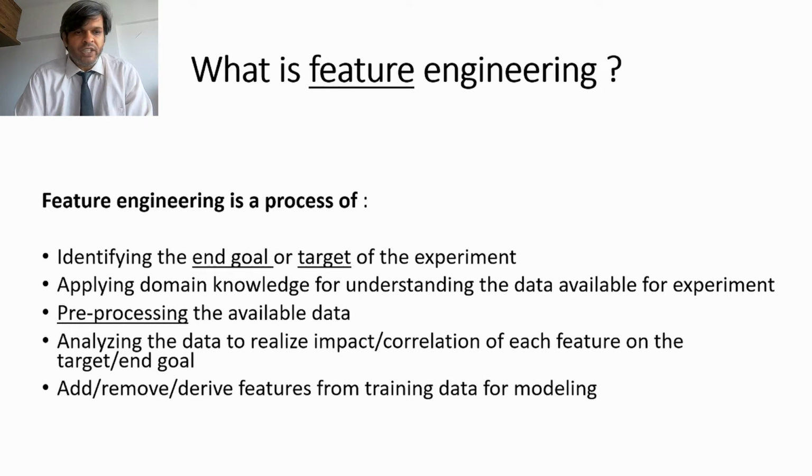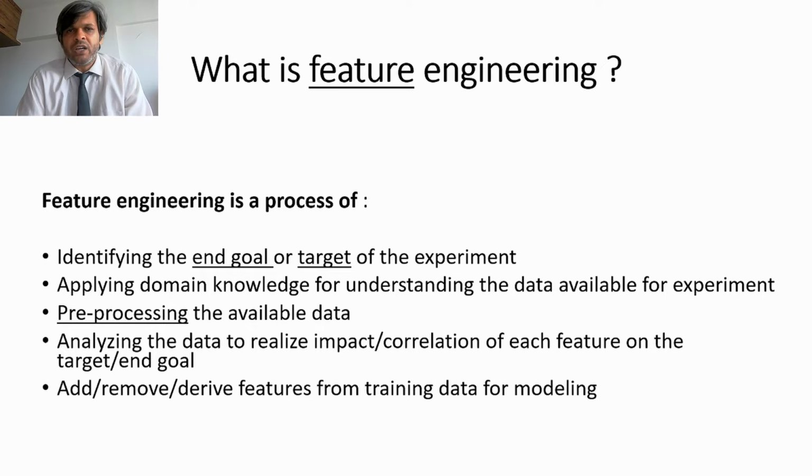We do that by applying domain knowledge and understanding the data available for the experiment. Next we need to pre-process the available data, because often the data we have is not clean. It might have some error data, some out of range data, some null values, or the distribution of data is uneven.